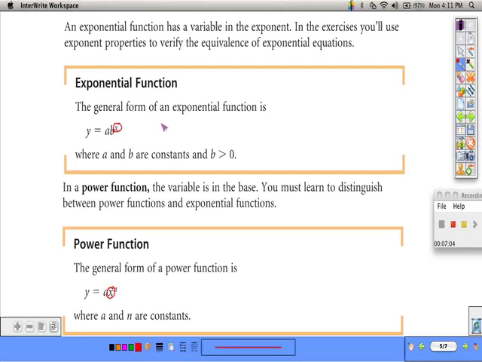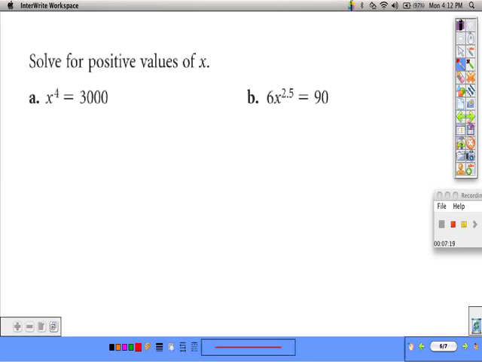And the way that we have to deal with that right now is we get the same base on both sides. For the power function, we need to isolate the power and then get rid of it. So here's two examples of power functions. The variable is the base.